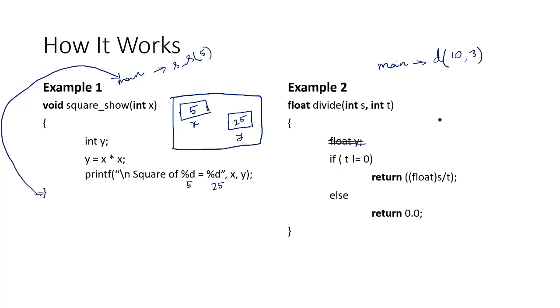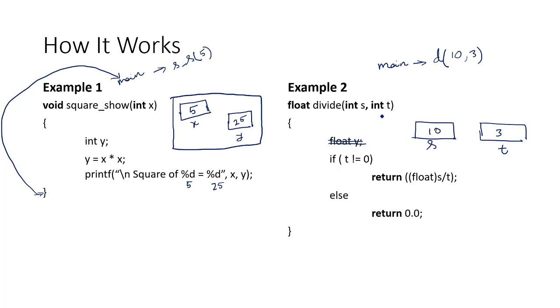So in the divide function, there will be two variables, s and t, and s value will be 10 and t value will be 3. Here you can see that the parameters will be stored following the ordering of the formal arguments.